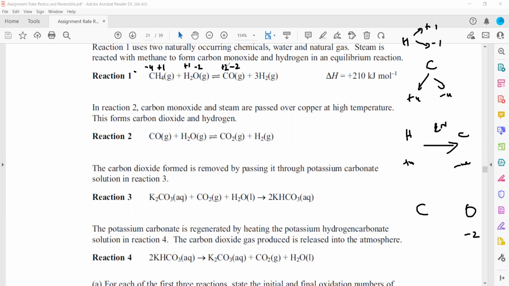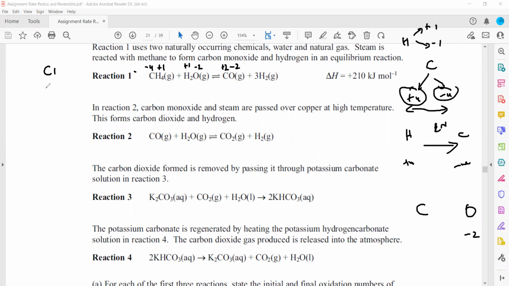Because the overall compound is neutral, carbon should be plus 2. And when we say the oxidation number of carbon can be plus 4 or minus 4, it means it can be any number between these. At maximum it can be plus 4, at minimum minus 4, but it can have any number from plus 4 to minus 4. That's the main concept of oxidation number.